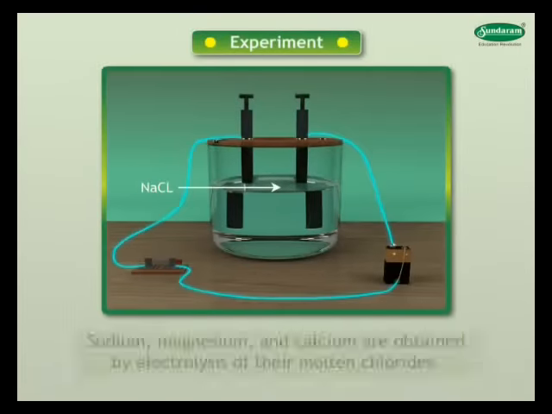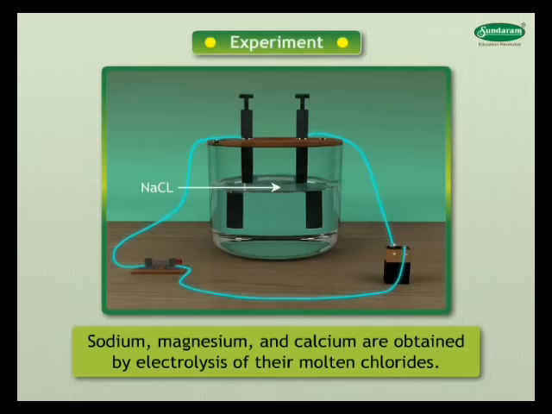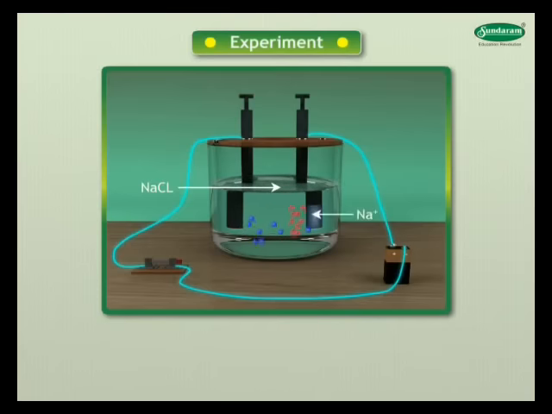For example, sodium, magnesium and calcium are obtained by electrolysis of their molten chlorides. The metals are deposited at the cathode, which is negatively charged electrode, whereas chlorine is liberated at the anode, which is positively charged electrode.